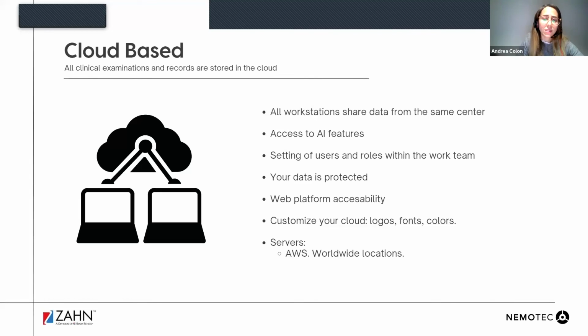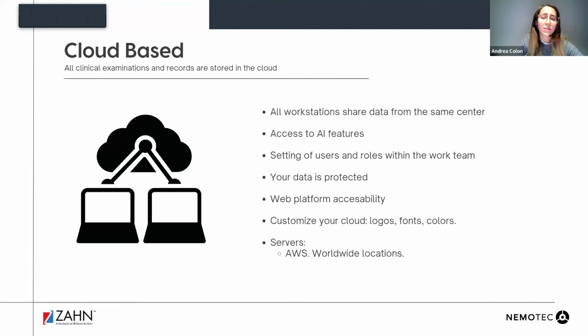Then you have access to the AI features with these cloud services. You can set users and roles within the team, who is the planner, who is the administrator, to control how the plannings are done, who is doing the planning. All your data is protected, okay?